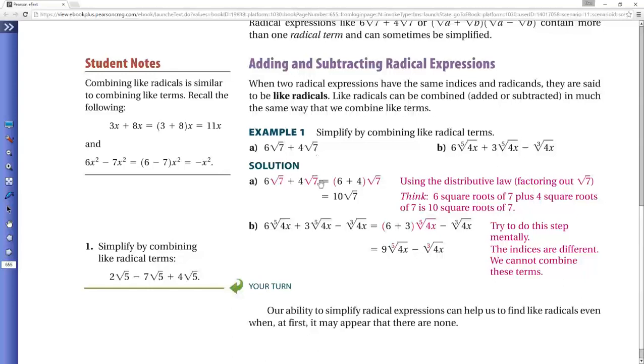So when we have 6 square roots of 7 plus 4 square roots of 7, we can use the distributive property and factor out the common factor of each of these terms, because I cannot add these as they are, since I have a multiplication here, right? Order of operations means you can't do this addition.